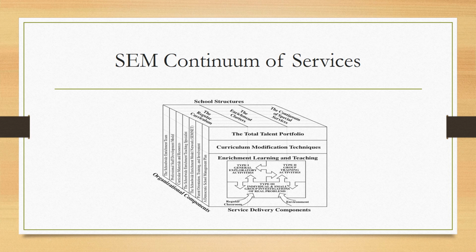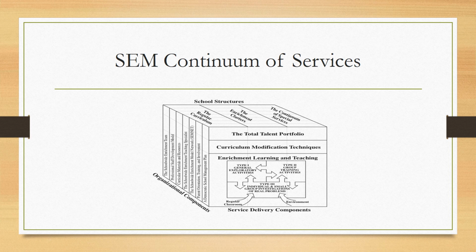You might have them participating in a continuum of special services, and this might be anything ranging from clubs to independent contracts within the classroom, to many other types of things, acceleration, grade skipping. That's what is meant by a continuum, that it's not just one service offered, it's the services matched to the needs of the learner.